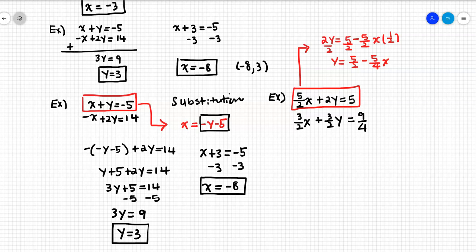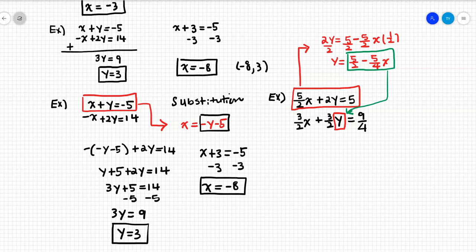So what we're going to do is replace this y over here with this guy here, 5 over 2 minus 5 over 4x. That's what we're going to do, okay.